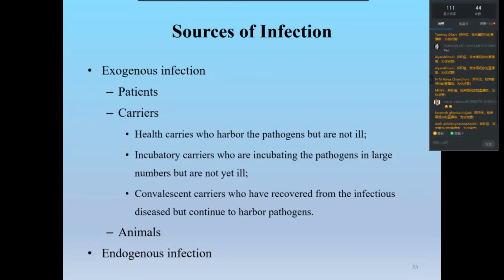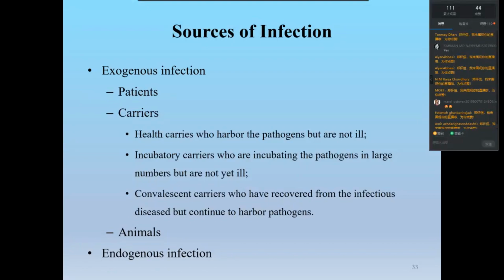The other one is endogenous infection. So that's infection from inside. We do have a lot of bacteria on our body, like bacteria on our skin, on our mucus, or in our digestive tract. And most of them form a normal flora. They don't cause disease usually.